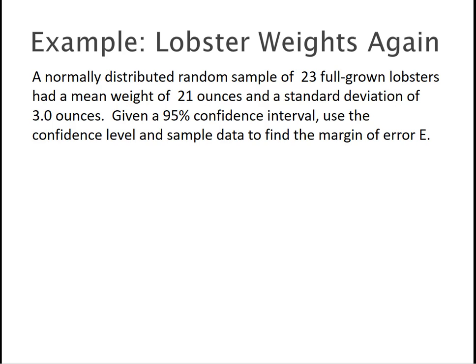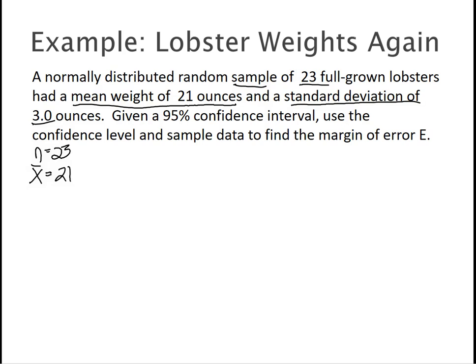Okay, so here we are given that we have a sample of 23 full-grown lobsters, so N is 23. We are also told that we have a mean weight of 21 ounces. This is a sample mean because we're working on estimating a population mean, so X bar is 21. And then we're told that we have a standard deviation of 3.0 ounces. Now this standard deviation does not have a symbol attached to it.